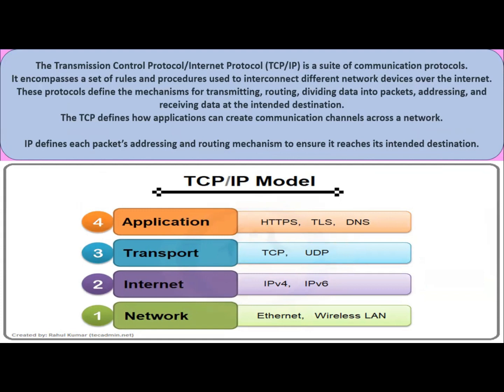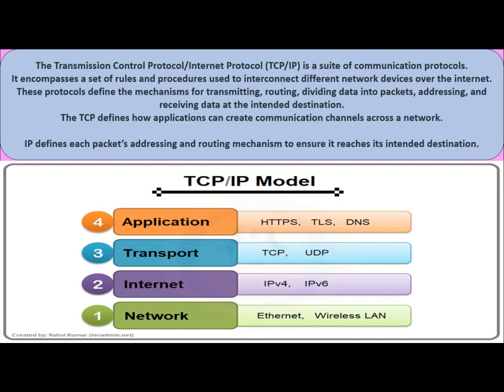Packets. And these different packets are sent and then extracted. When you send information requesting a particular data, it is divided into packets for quick transfer. Now, these packets come over to you and are assembled at your own end. The protocols also handle addressing packets and receiving data at the intended destination.